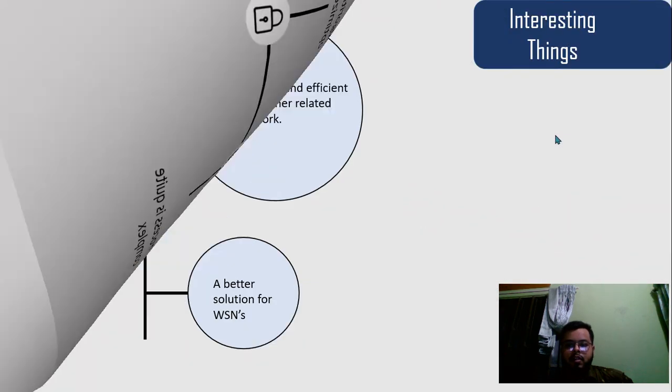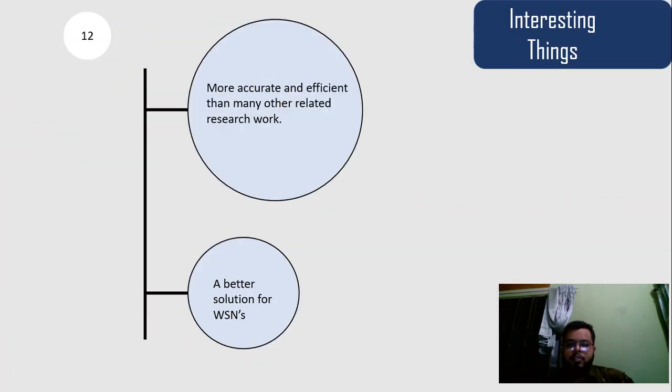Then interesting things from this paper, actually more accurate and efficient than many other related research works. Many research has been done in this topic, but this research paper provides maybe the best output yet. And though it has much scope of improvement, I think it's a quite good job from the researchers.